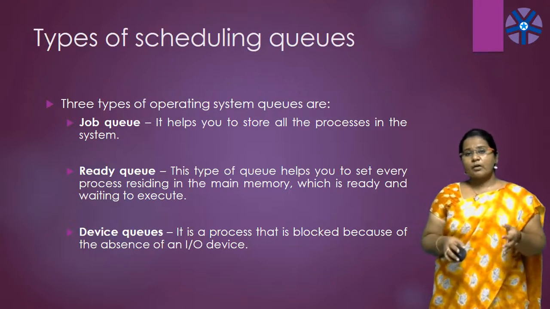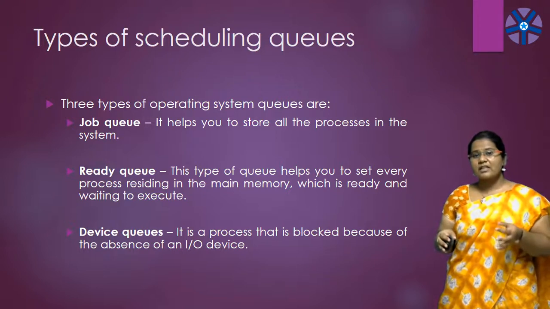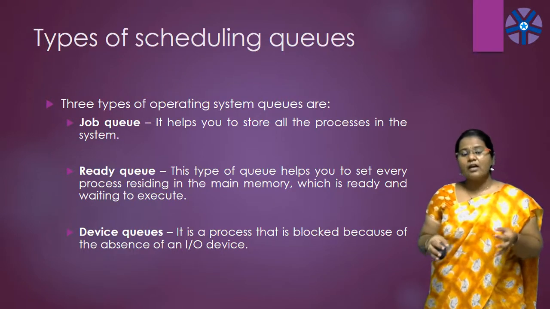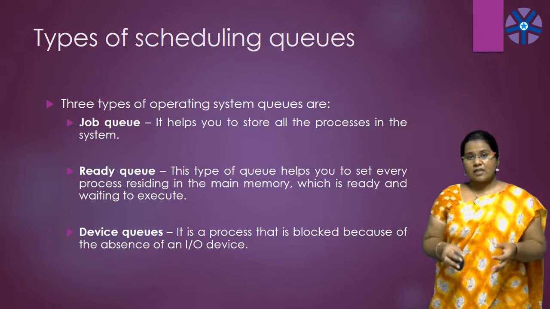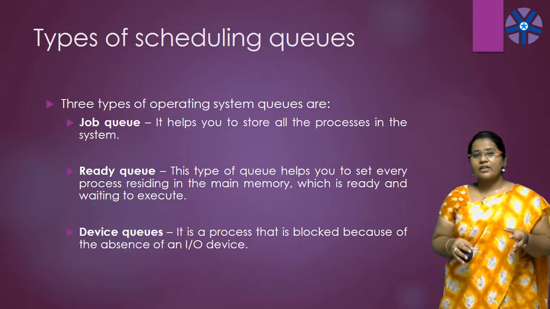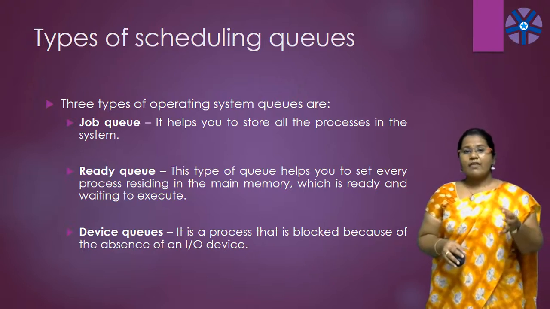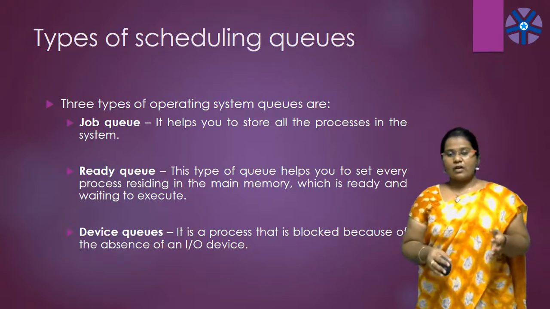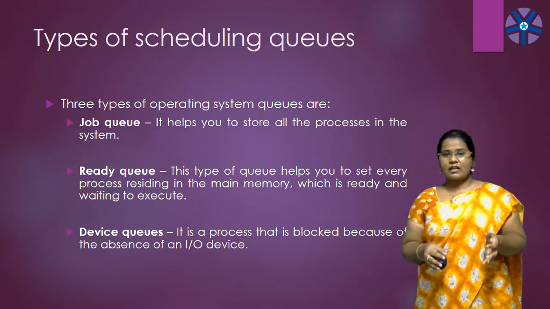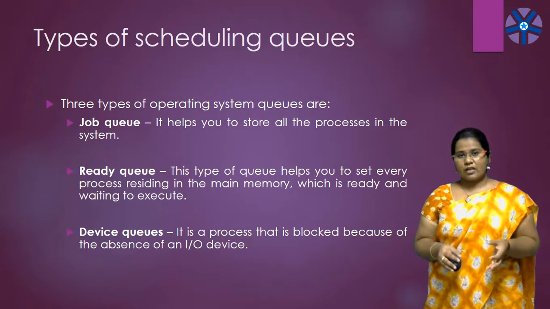Whenever a process moves to the ready state, all the processes in the ready state are placed in the ready queue. That is the second type of queue we have. All the processes which are ready with their resources are placed in the ready queue. After a process is in the ready state, it indicates the process is ready for execution.